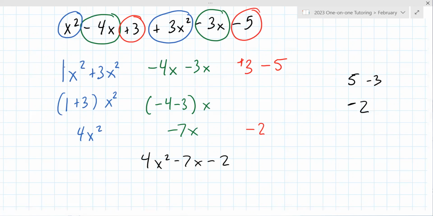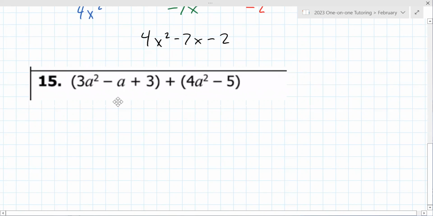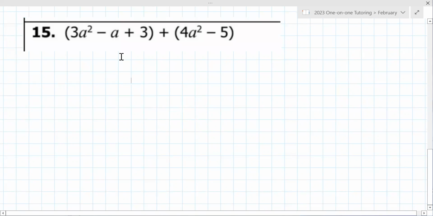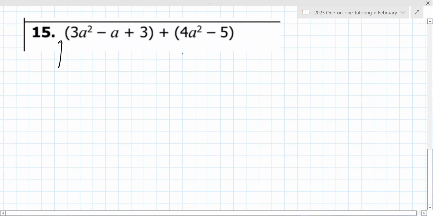Okay, we're going to do 15 next. We'll come back to the 12, 13, 14, but 15 is more like 11. So we'll do that one. Okay, so kind of the same situation. Is there anything holding the parentheses? Is there anything in front of the parentheses that causes you heartburn, so to speak?